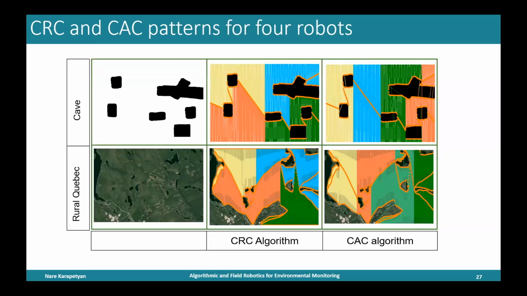We also executed that on real maps, one from the rural Quebec environment and another one from the cave area. And these are different illustrations of different algorithms, to see visually the difference between them.